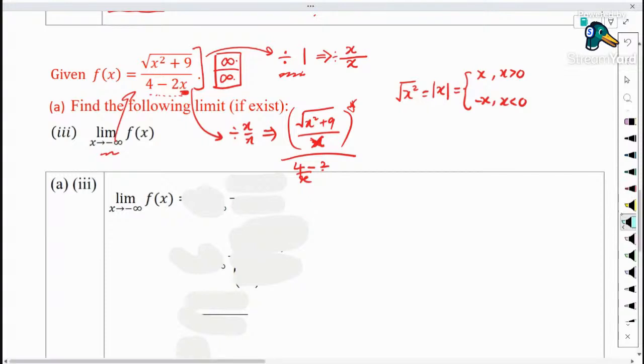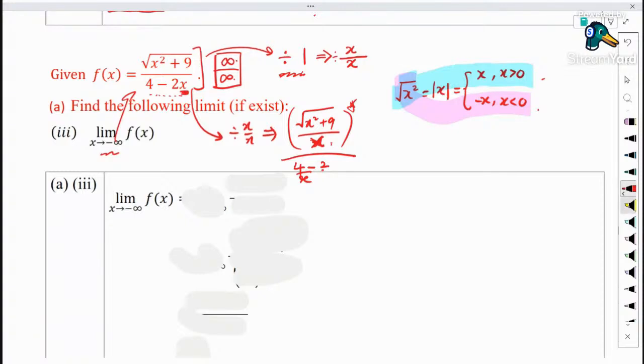So for x greater than 0, the square root of x squared equals x, whereas for x less than 0, the square root of x squared here, as you can see, is equal to minus x. And now we need to know whether in our calculation here, we should use the one in blue or the one in red.